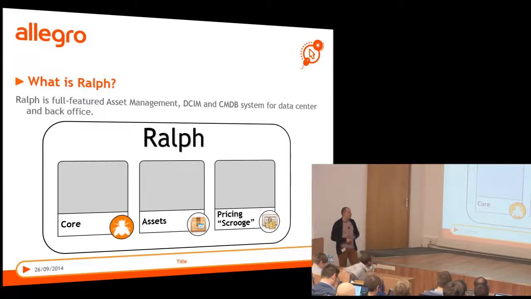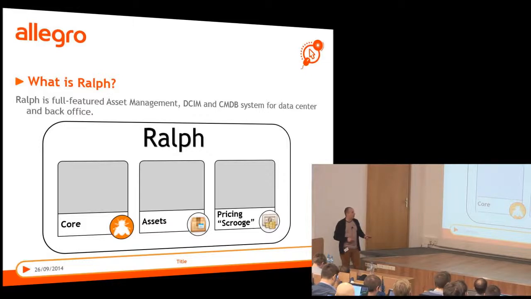The asset module is used by the guys from the data center, and covers the whole life of the device, from purchasing to the end of its life. So they use this tool to provide information about the devices which we are using.